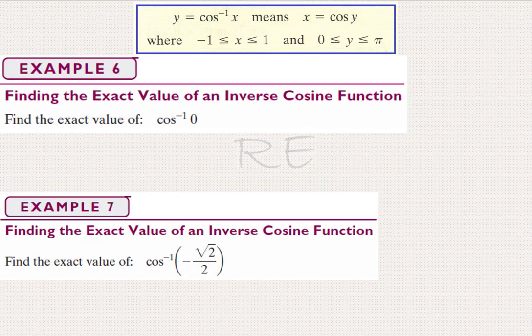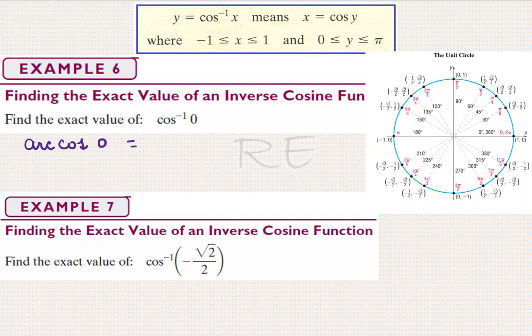Find the exact value of inverse cosine 0. This means we are looking for the arc whose cosine is equal to 0.